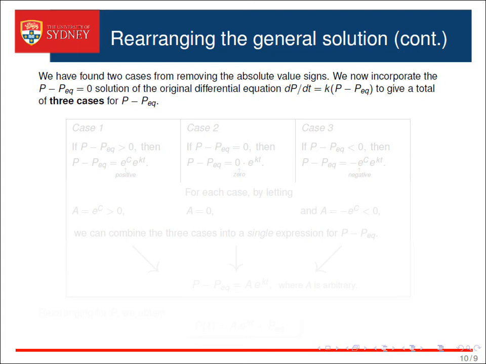This means that we have found two solutions from removing the absolute value signs. One solution is for P minus P eq negative, and one solution is for P minus P eq positive. Remember earlier that we identified that P equals P eq, that is, P minus P eq equals 0, is also a solution to our original equation. Here, we put all of these solutions into one formula.